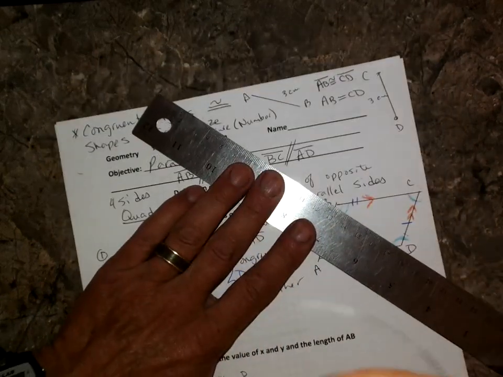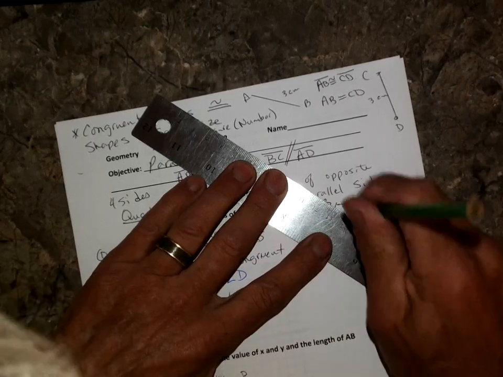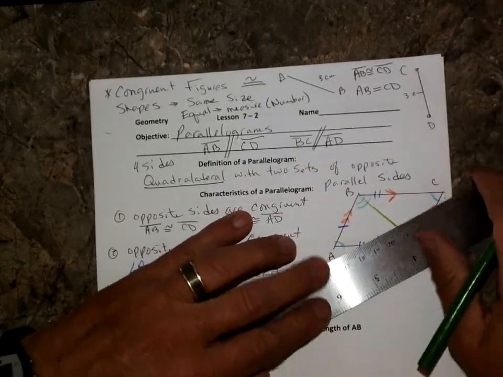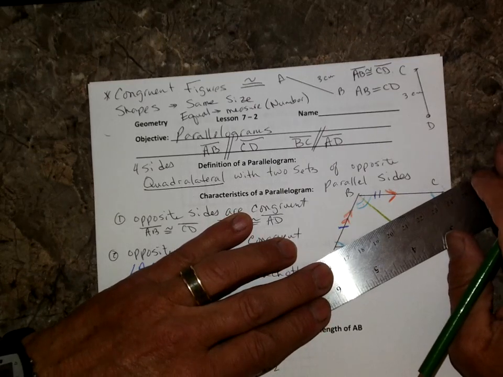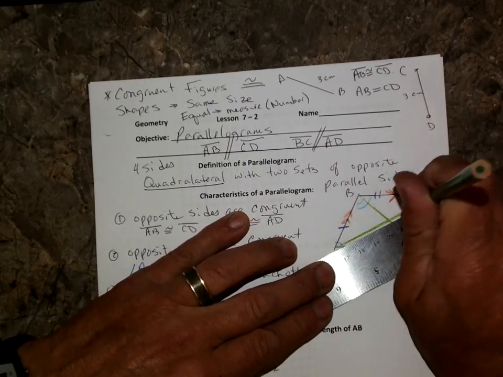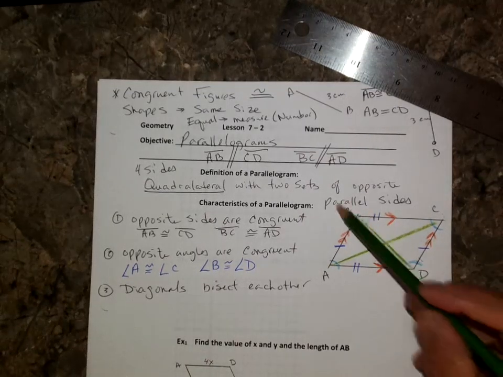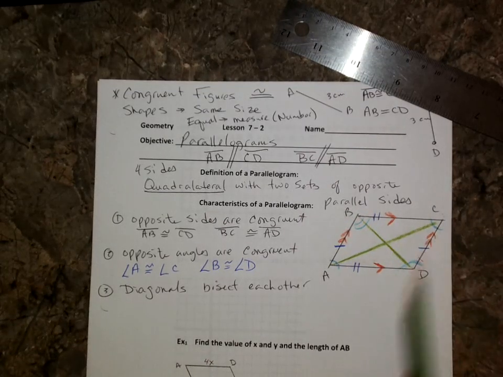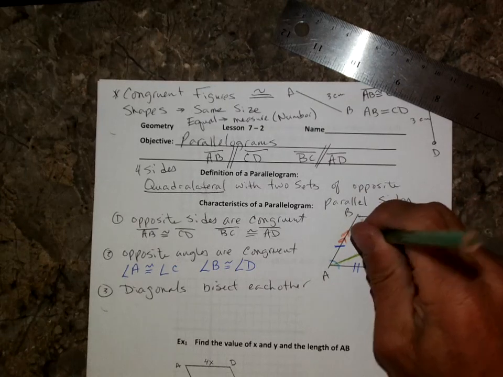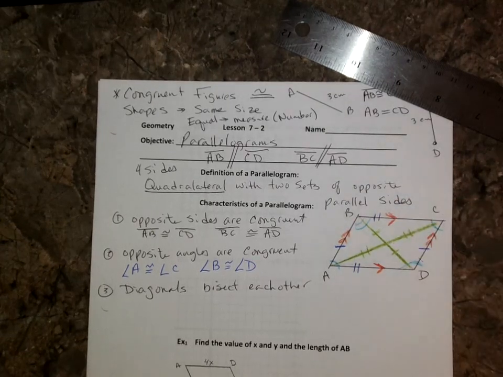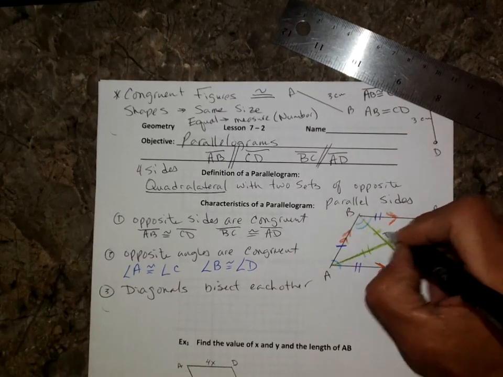Here is a diagonal, and here's another diagonal. Now look, they are not equal. That length in green is not equal to that, but what they do is they bisect. They cut each other in half. Chop each other in half. Let me put a middle point in here called E.